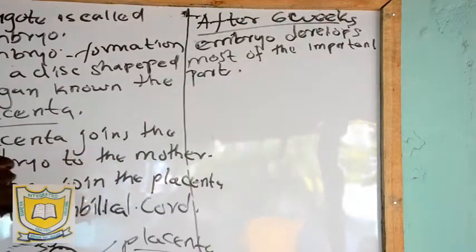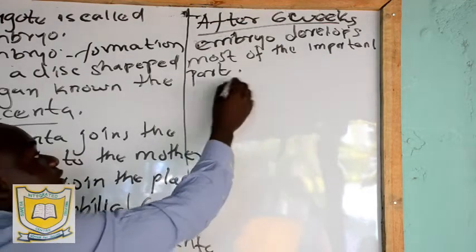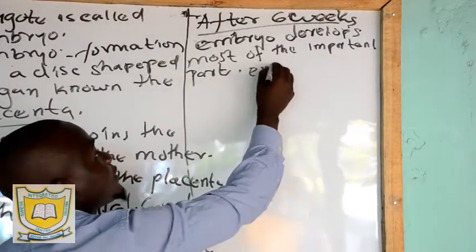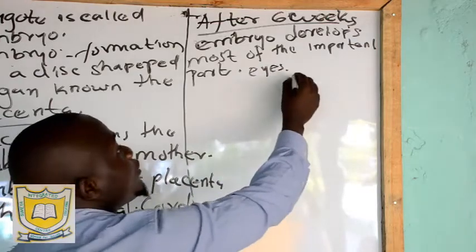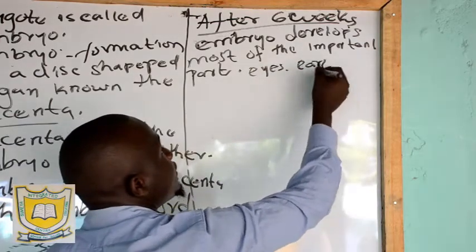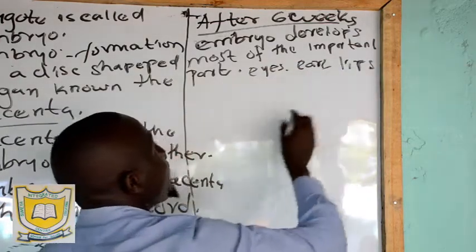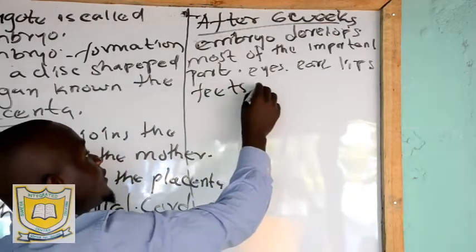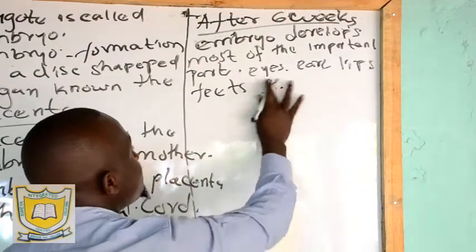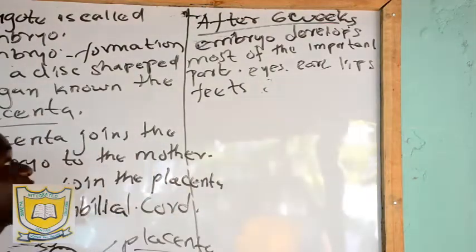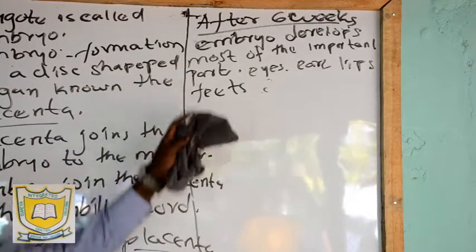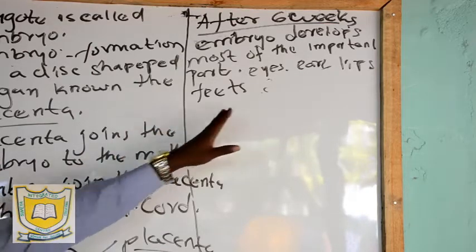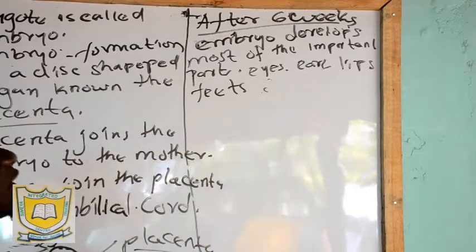These important parts include the eyes, the ears, the lips, and the feet, etc. Immediately after 6 weeks, the embryo develops most of the important parts, which may include the eyes, ears, lips, and others.